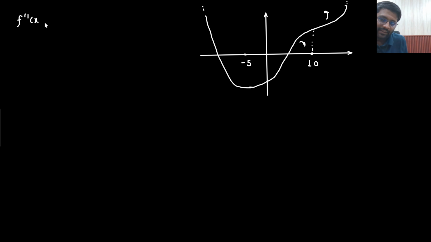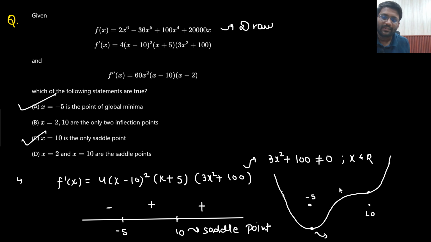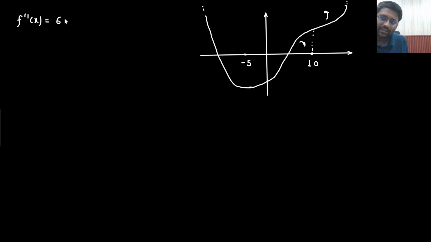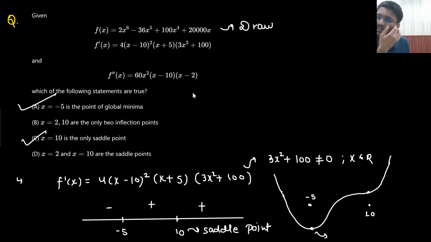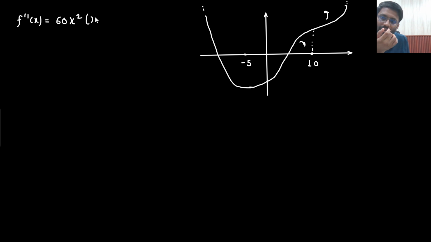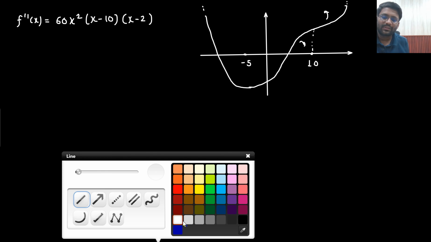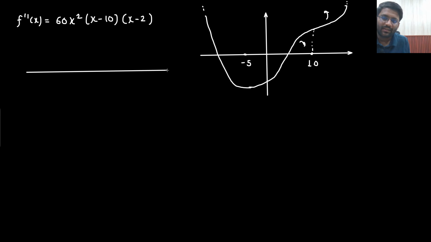When I double differentiated it, the value is coming out to be 60x square into x minus 10 into x minus 2. So, sir, where are the roots? Roots are at 0, 2 and 10.